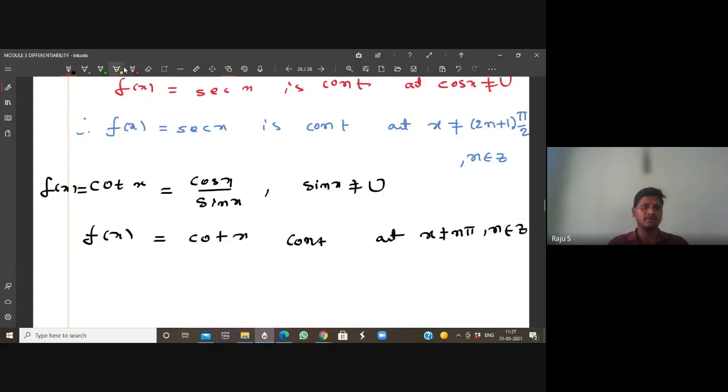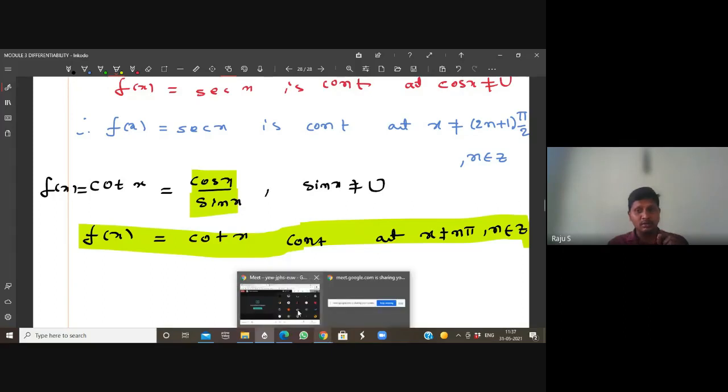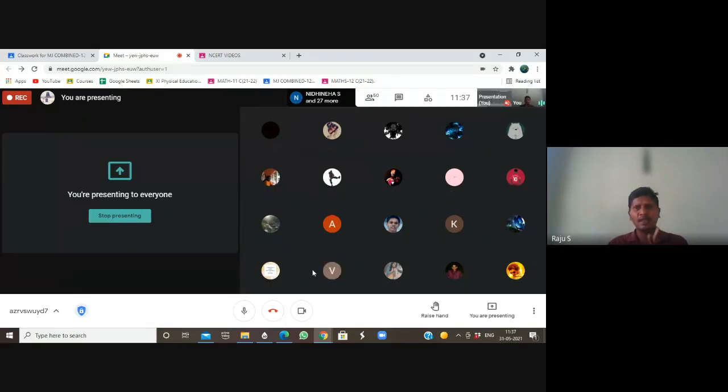This sentence is enough. Here, when they're asking cot x alone, first you have to prove that cos x, the numerator, is continuous, then the denominator sin x is also continuous. You can write both. After that, you can write this step: cot x can be written as cos by sin x, and sin x must be non-zero. I'm telling you, students, this is slightly more difficult compared to all other exercises. In the entire calculus, only 2 or 3 concepts are there.